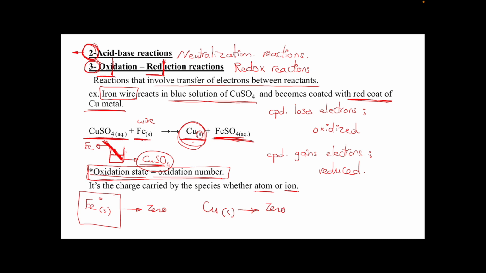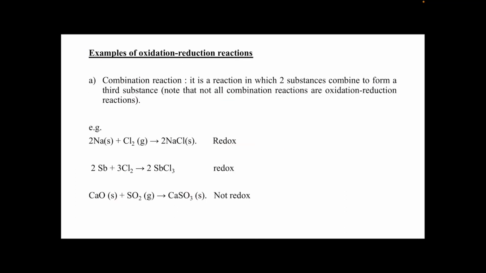In case of copper solid, it is also 0. In case of copper sulfate, copper has a charge of positive 2, and sulfate has a charge of negative 2. So the oxidation number or oxidation state of copper ion is +2, and the oxidation number of sulfate is -2.